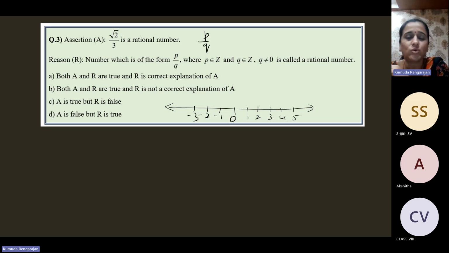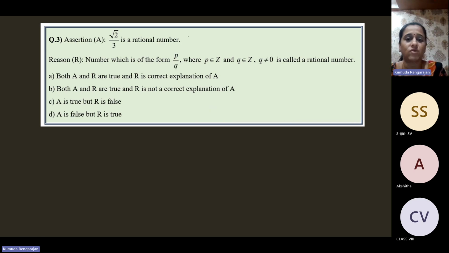So we don't have root 2 in this collection. So something by something is not a rational number. Integer by integer is a rational number. So here root 2 is not an integer, and hence root 2 by 3 is not a rational number. So the assertion statement is false because this one is not an integer.